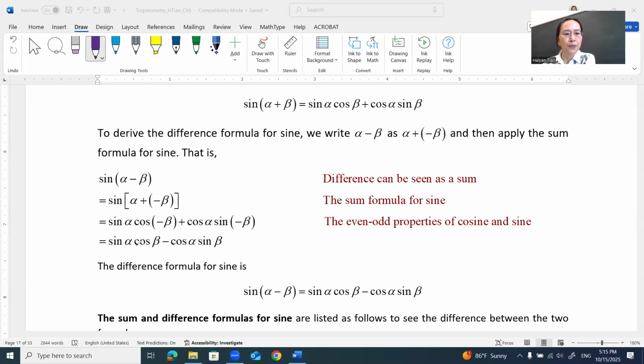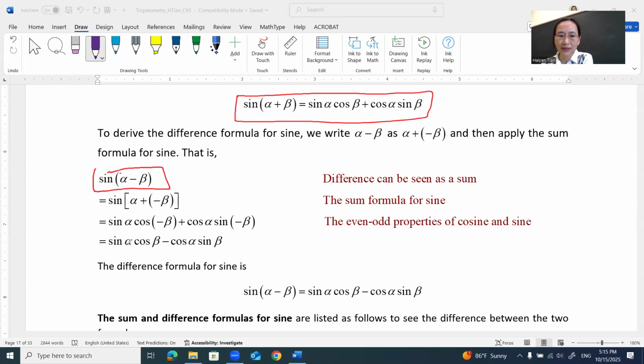So you see, with one identity, we can easily derive the other identity, which is sine for difference. Once we have the sine for a sum, we can derive the identity of sine of difference, because sine of difference is just the sine of alpha plus negative beta.